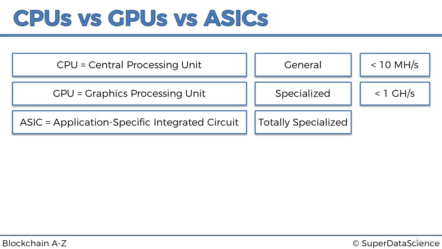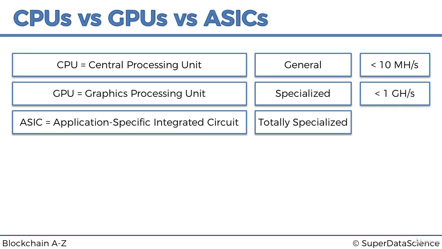The way it works is that the integrated circuit of this device is designed in such a way that the device doesn't have to perform any operations like put this bit here, add these two bits, divide this by this, and so on, like the CPU or the GPU. The ASIC device just relies exclusively on its circuit to perform that calculation.